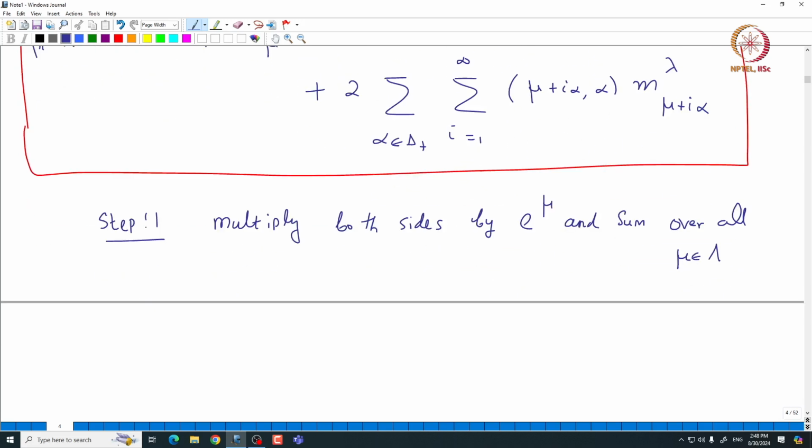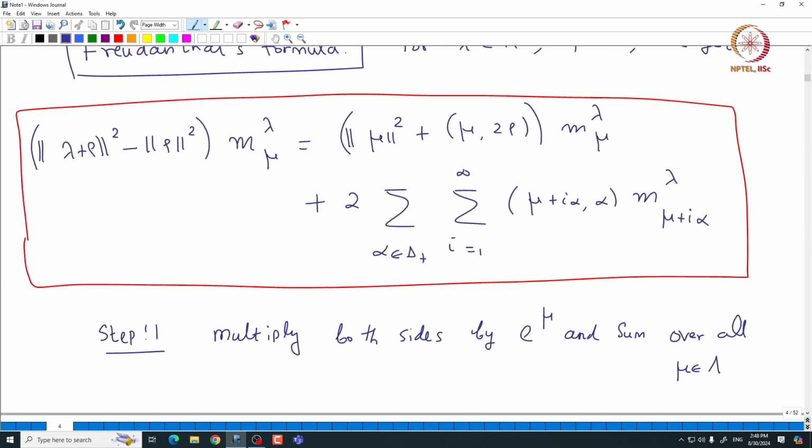So, then we get the following. If you multiply by e power mu and sum over all mu, then what you get is the character chi lambda, and similarly in the second place you will get this mu comma 2 rho times whatever is there.